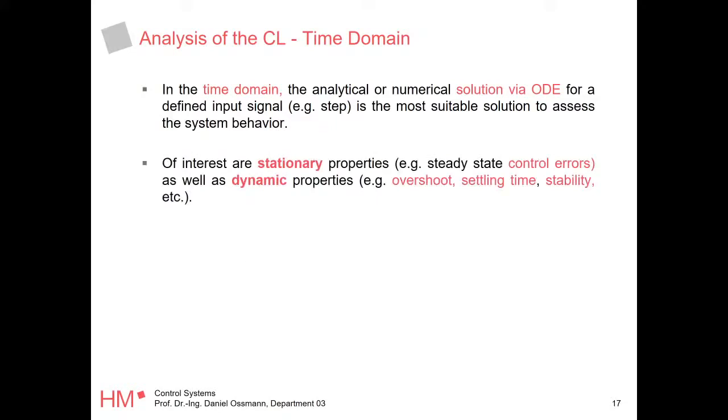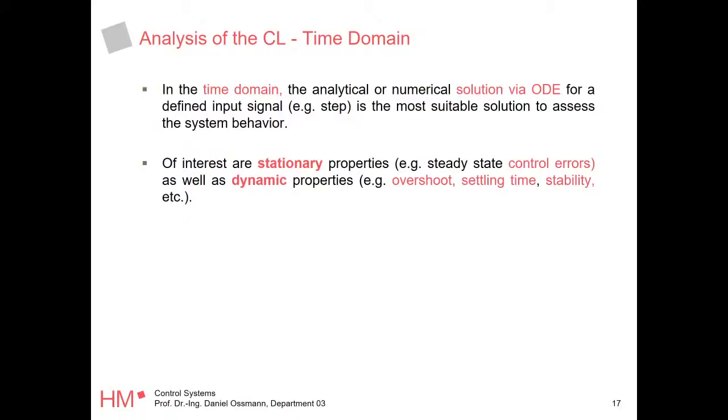What is interesting, think back to the espresso example, you basically looked at the steady state, so at the stationary behavior. What temperature do I reach? Where does it go to? As well as the dynamic properties, right? Some of you wrote me an email, this is oscillating too much. I'm reaching 125 degrees before it converges to a steady state value.